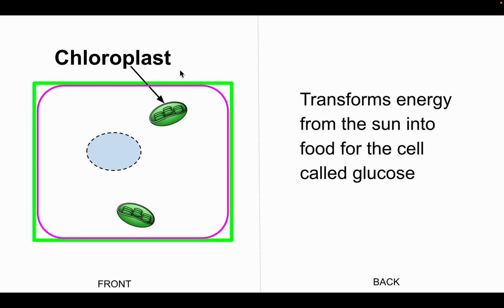Plant cells have these, we do not. They look almost like a candy. They're circular and they have these little coins inside them, chloroplast. They transform energy from the sun into food for the cell. This food is called glucose. It's a sugar.